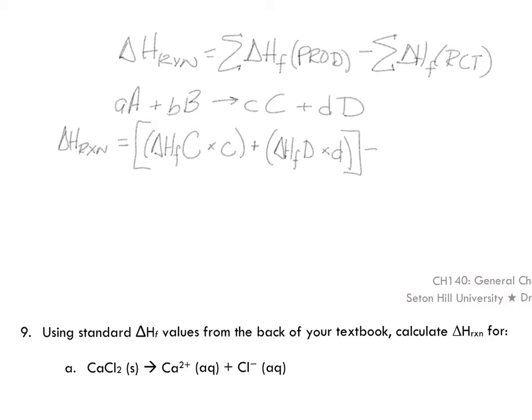And then this whole thing would be minus the enthalpies of the reactants, which would be A and B. Sorry, I had to squish that in a little bit there. So we are trying to add these up. All right, so let's move down and actually apply this to a problem.